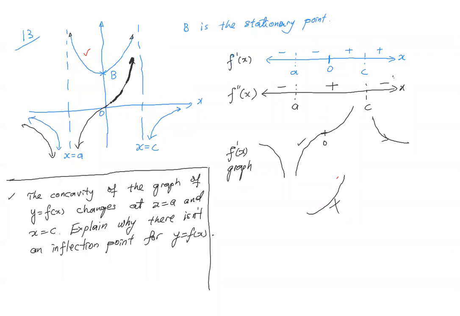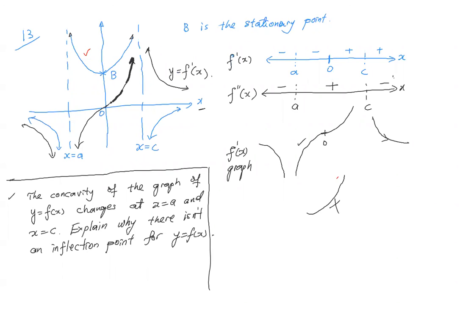And for this one is positive, so it must be above the x-axis, and it goes like this because my f x is increasing with decreasing rate. So this is my y equal to f prime x. Got it? Any question?